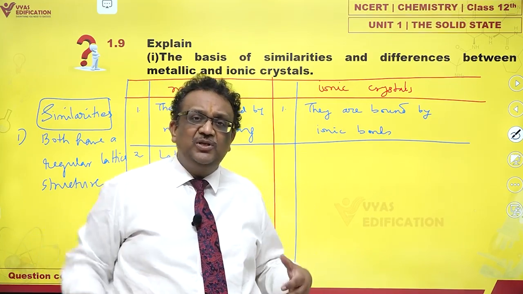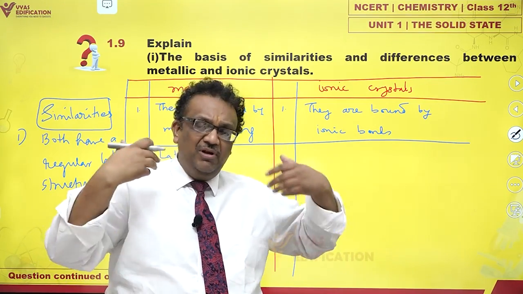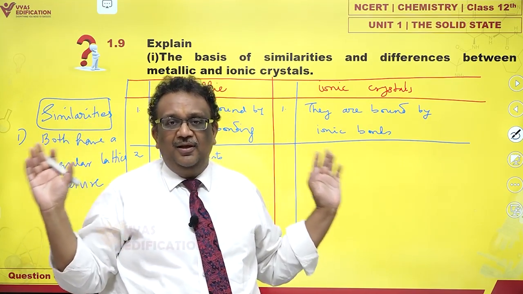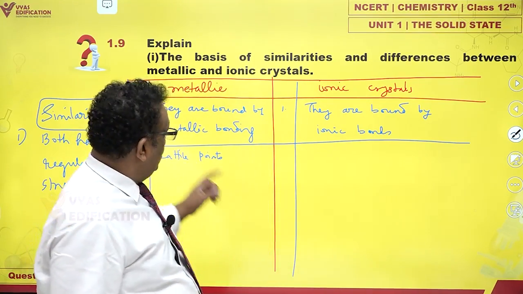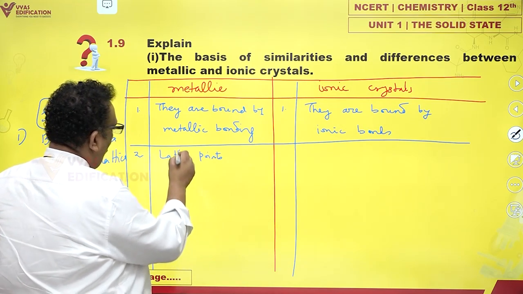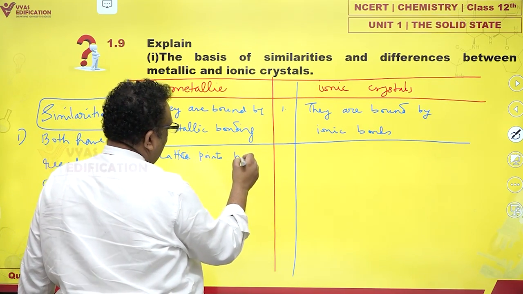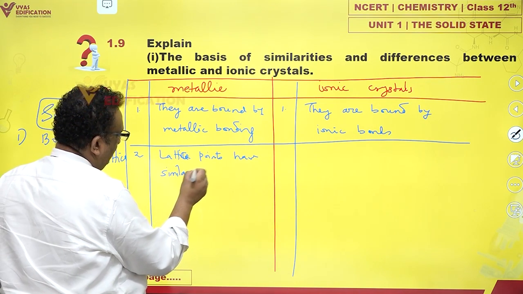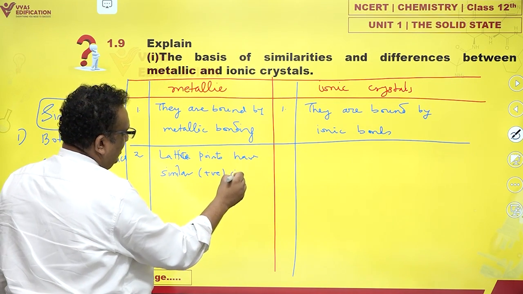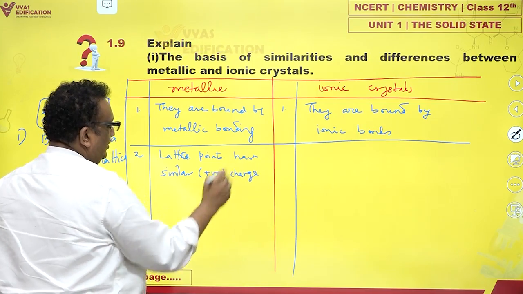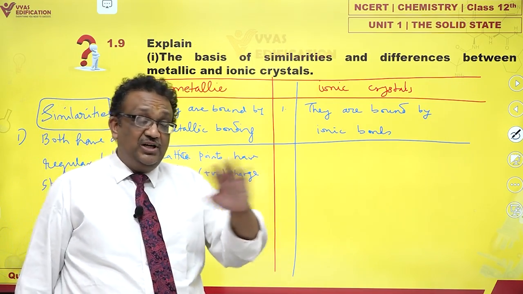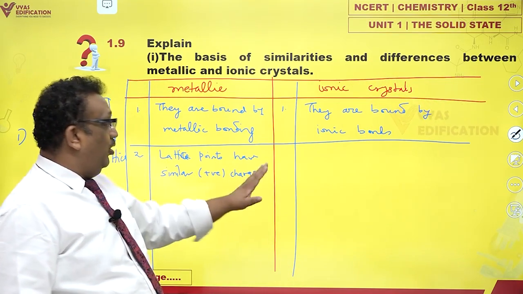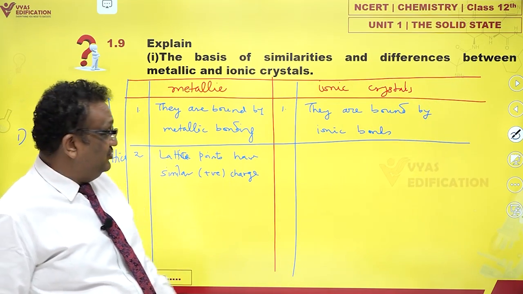And what happens in metallic bonding? Metal atoms release their electrons, they delocalize them, and they just sit. Electrons are moving around. So all the lattice points have similar positive charge. Electrons which are delocalized, the sea of electrons, carry the negative charge, but all the lattice points have similar positive charge.